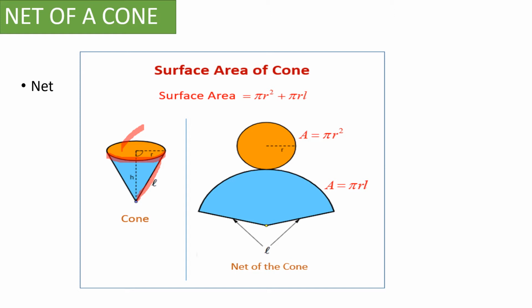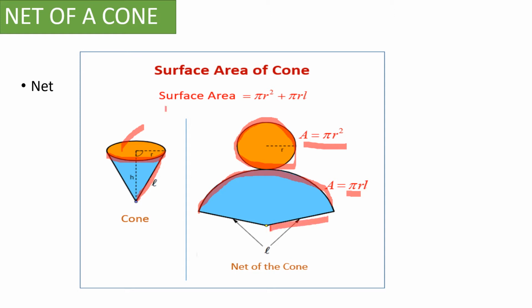So when you cut a cone and open it, you see that the base is a circular shape. So the area of it is pi r square. Then the distance from this side to that side is pi r, because the distance around a circle is 2 pi r, bounded by the L, which is the slant height.